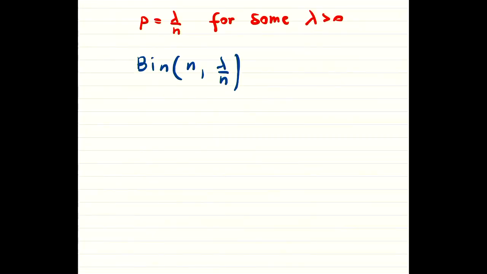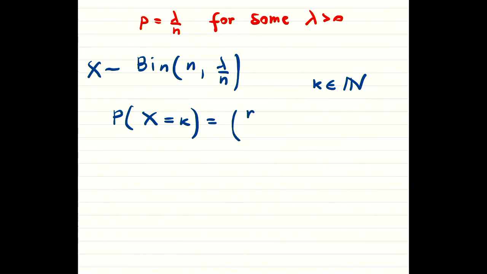Now, let's find the probability that X is equal to k, where k is fixed. What are the possible values? k is a fixed value in the natural numbers. I include 0, because I can have no success. Now, what is this?